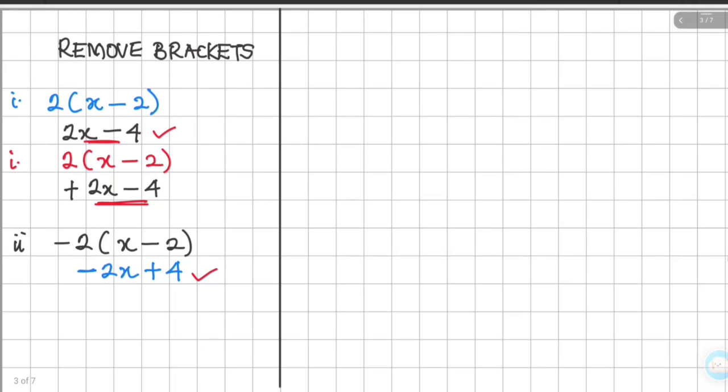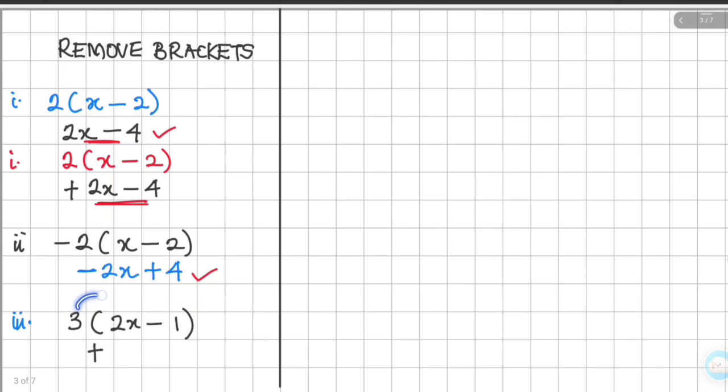Let's take a look at the third example. Another expression entirely, where we have 3 into 2x minus 1. Again, we have plus here and plus here, so plus times plus gives us plus.